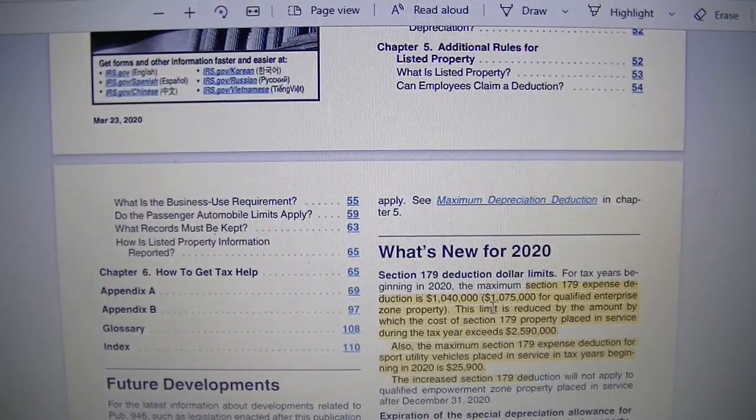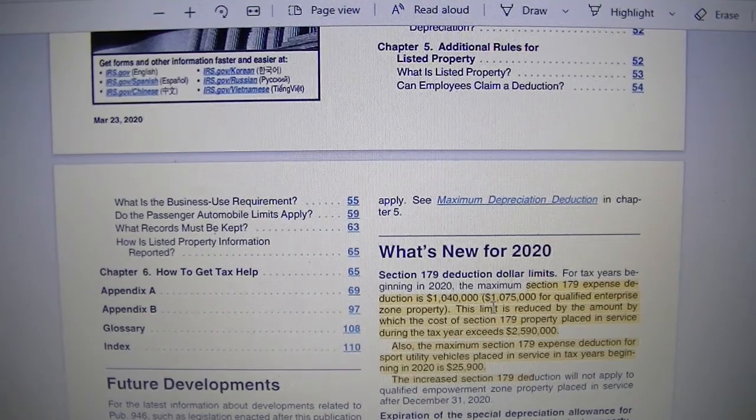And on IRS publication 946, 2019 version, you'll be able to find their numbers for 2020.